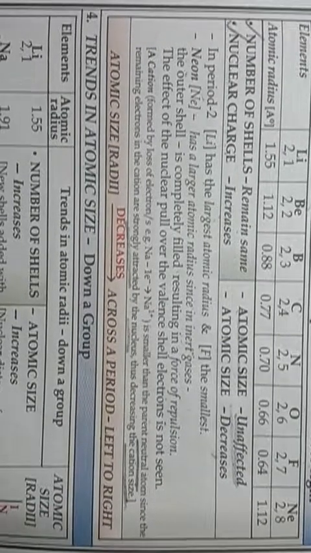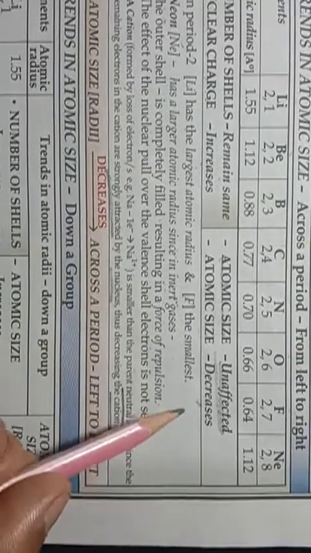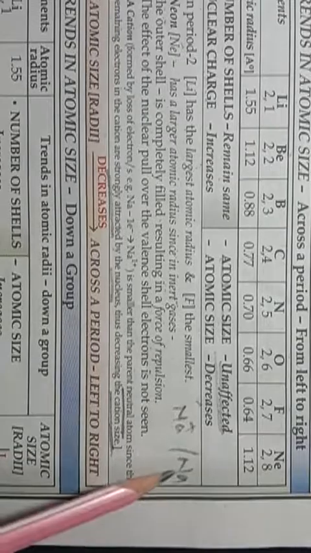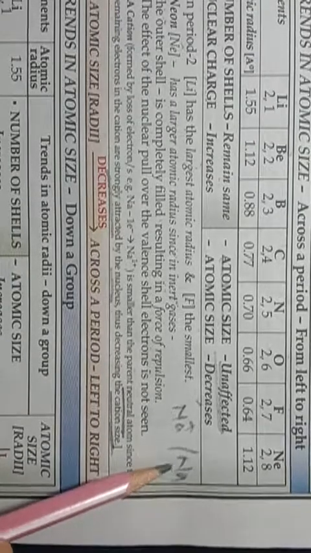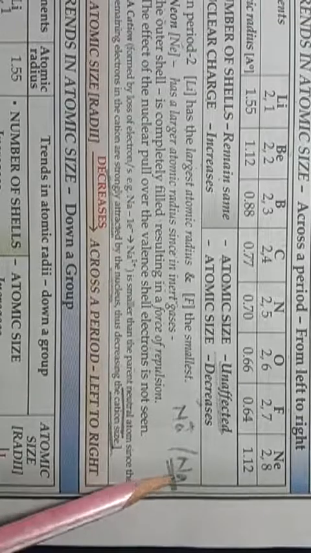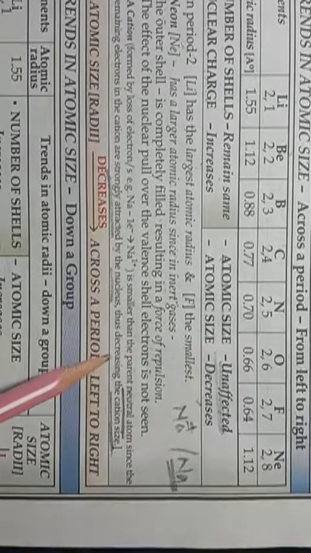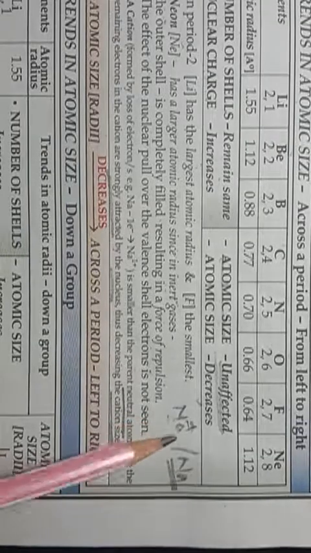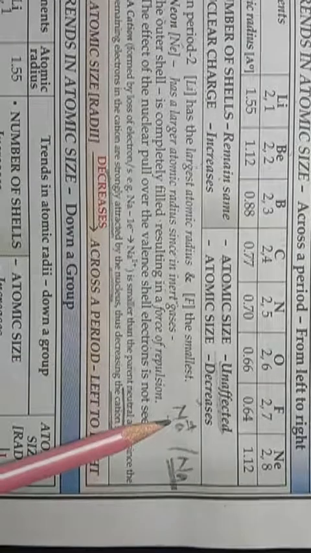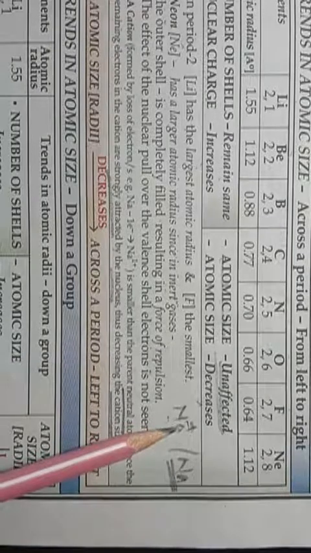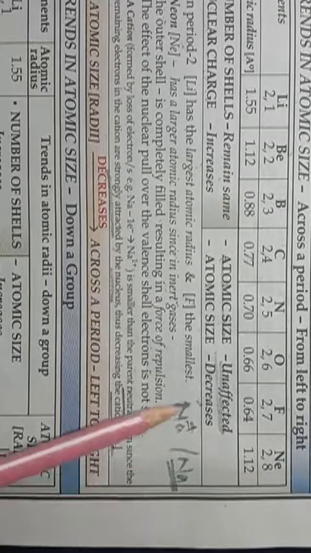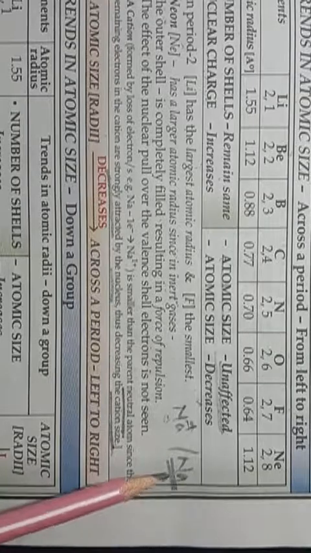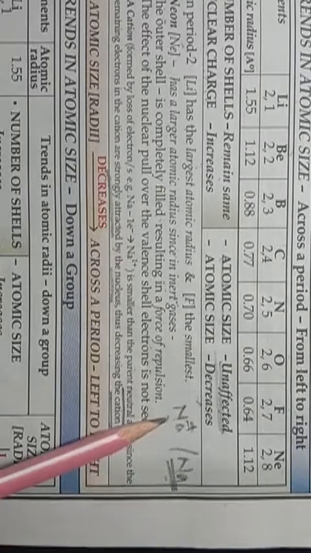So if you have a sodium ion and a sodium atom, the atomic radius of the sodium atom will be larger than its cation, because this cation is formed after the loss of one electron. Due to loss of an electron, the nuclear charge effect on the electrons in this cation will be comparatively larger than in the neutral sodium atom. So overall atomic radius will decrease here.